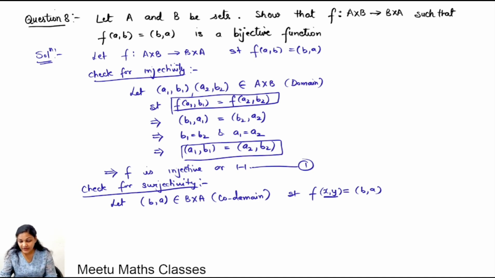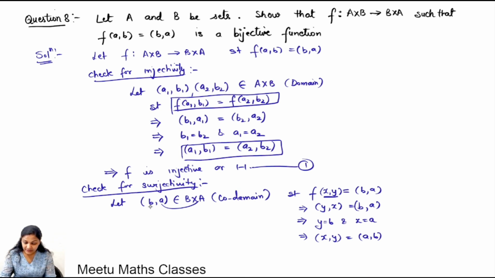Now f of (x, y) is (y, x), and (y, x) is equal to (b, a). Two ordered pairs are equal, that implies y is equal to b and x is equal to a. Or we can say that the ordered pair (x, y) is equal to the ordered pair (a, b). And if a belongs to A and b belongs to B, then (a, b) belongs to A cross B.